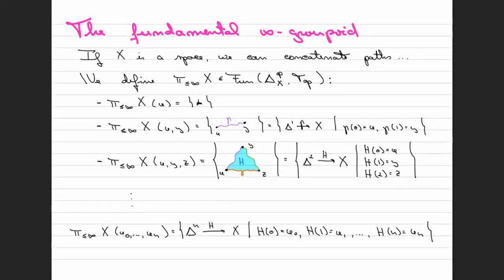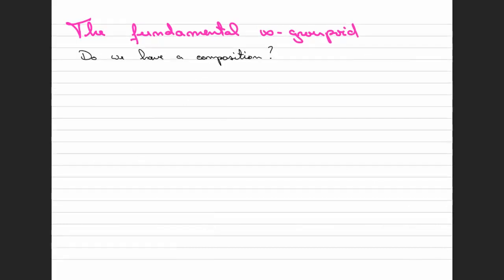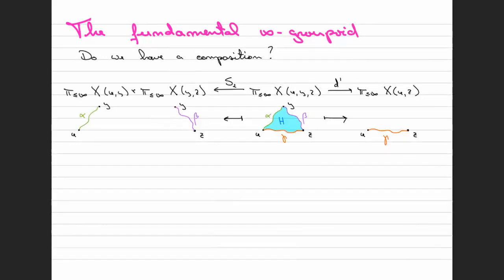Of course, now the maps are also really obvious. If I have this triangle, what does the map D1, for example, do? It gives me this path below it, and so on. Do we have a composition? It would be something like this, in analogy to what we've just seen. But now we don't have a composition, since this map S2 is not an isomorphism.